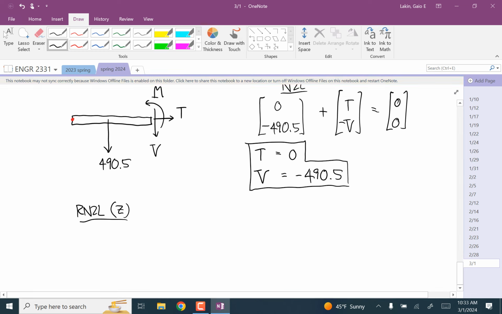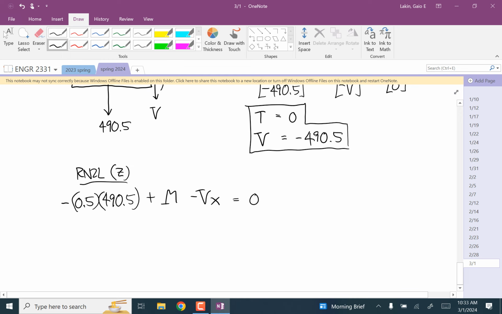And that is a clockwise moment, so minus 0.5 times 490.5, plus M minus Vx is equal to 0. So M is equal to Vx plus 245.25.